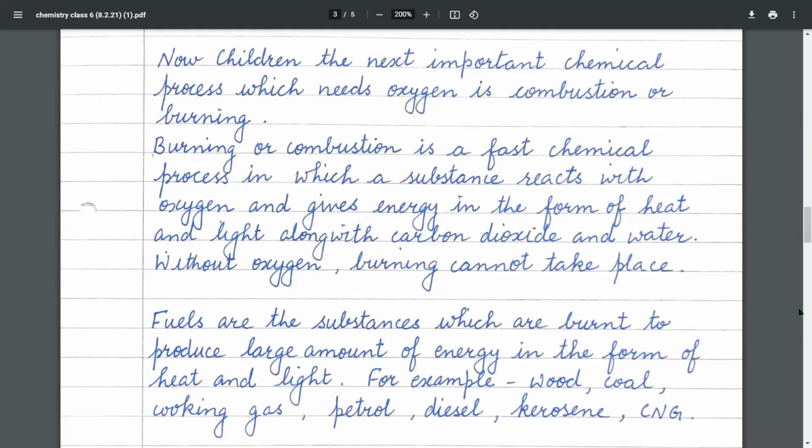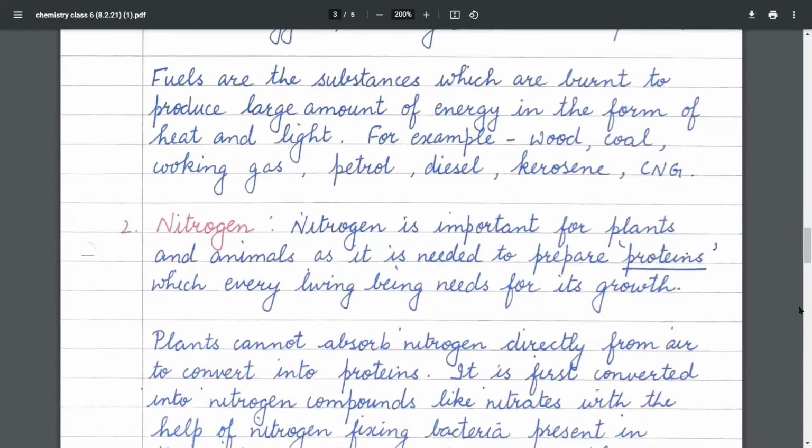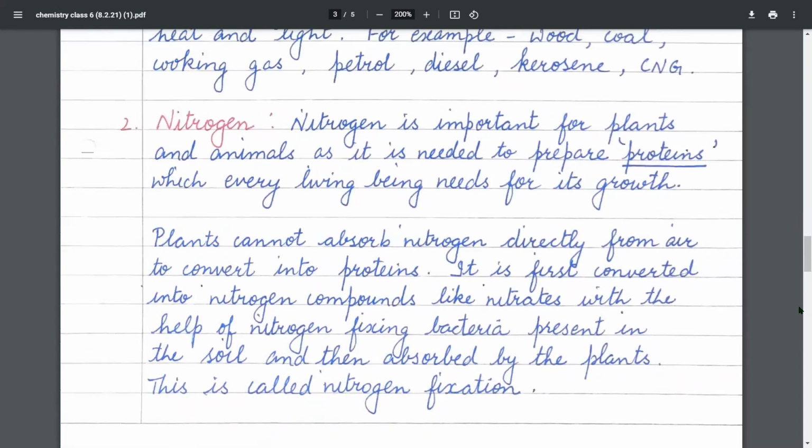Without oxygen, burning cannot take place. Fuels are the substances which are burned to produce a large amount of energy in the form of heat and light. For example, wood, coal, cooking gas, petrol, diesel, kerosene, and CNG, compressed natural gas.